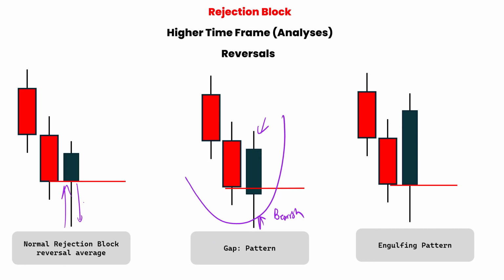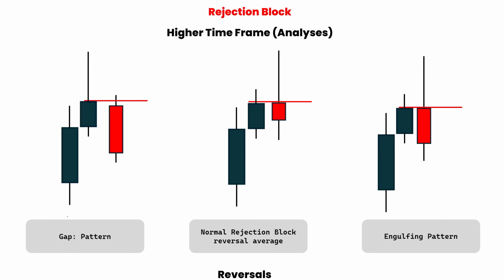So let's look at another example. We can clearly see that right now, on the gap version here, we have a bullish candlestick, whereas we are looking for the market to shoot to the downside. So in this situation, that means you'll be looking for the market to come and retest this area. But in this case, I have put this candlestick here to show you that the market has already retested this area.